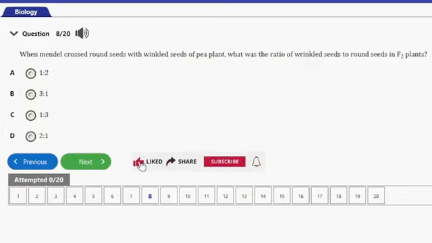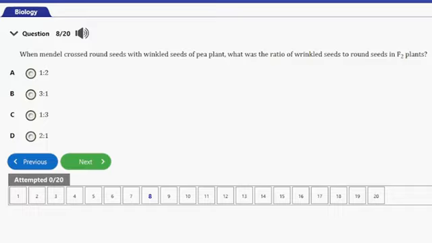So take note that the question says, what was the ratio of wrinkled seeds to round seeds in F2 generation? So guys, round seeds were actually dominant in that case, while wrinkled seeds were the recessive ones.